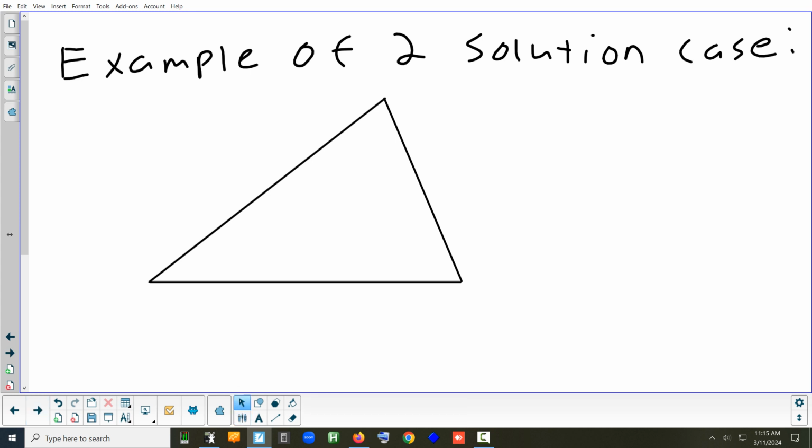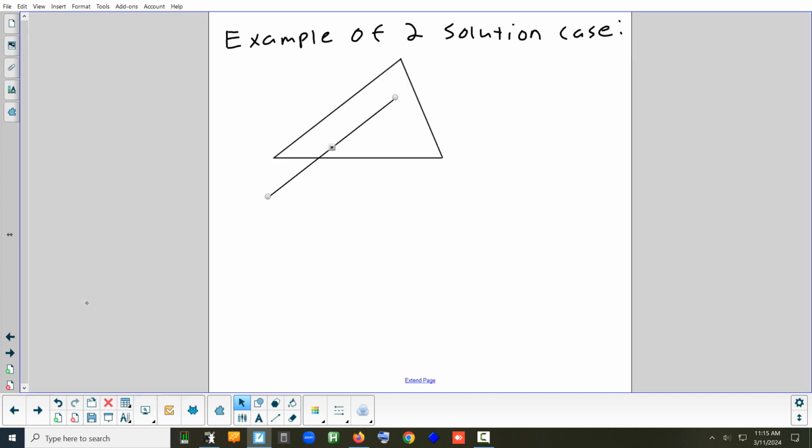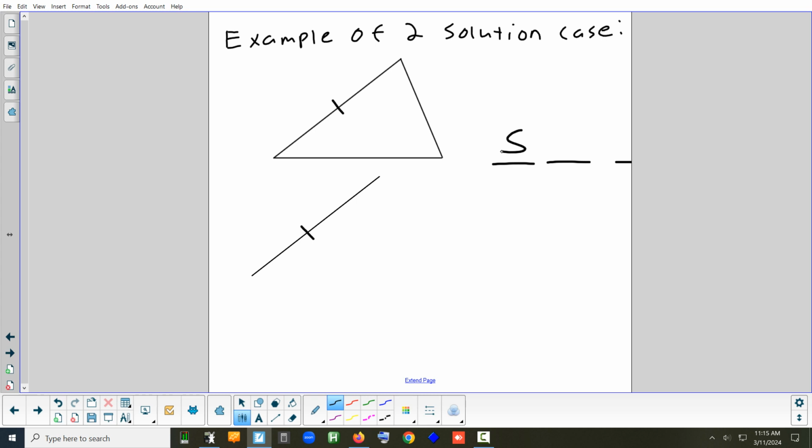So the first thing I'm going to do is take this side, copy it, zoom out, and put that right there. Does everyone agree that that side and that side are the same? Okay, so I've got a side that's the same in both.